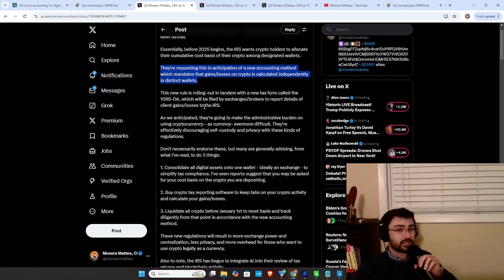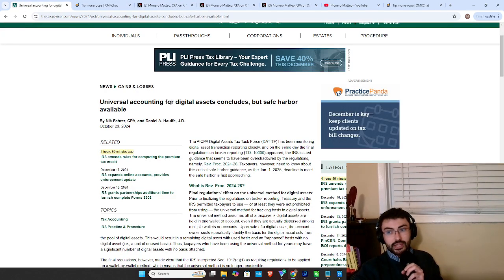That would be the cost basis. And then you'd have a little bit of unused basis. We'll get into that too here in a sec. But that would be the cost basis for your sale. That's how it is now with the universal accounting for digital assets method. Okay, so that concludes.